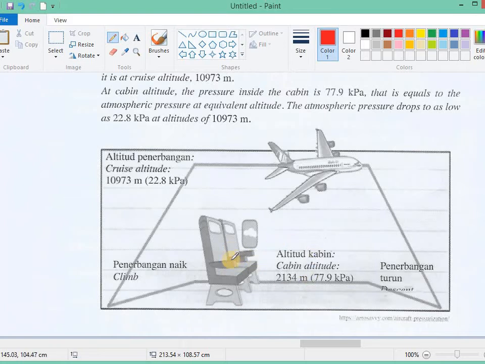So here we can see the graph, the altitude. When it climbs up until cruise altitude, 10,000 meter, and then goes down.